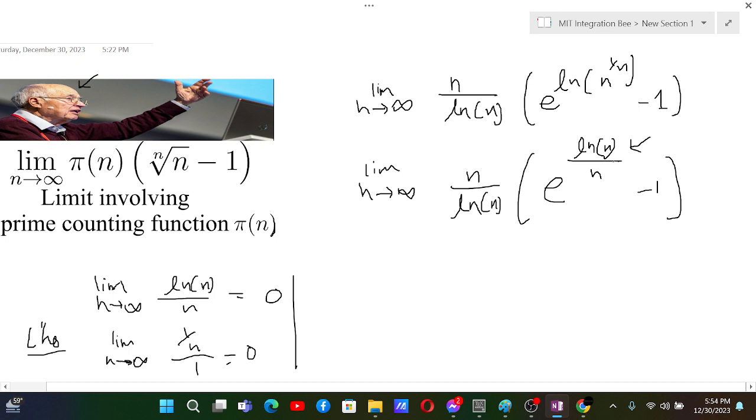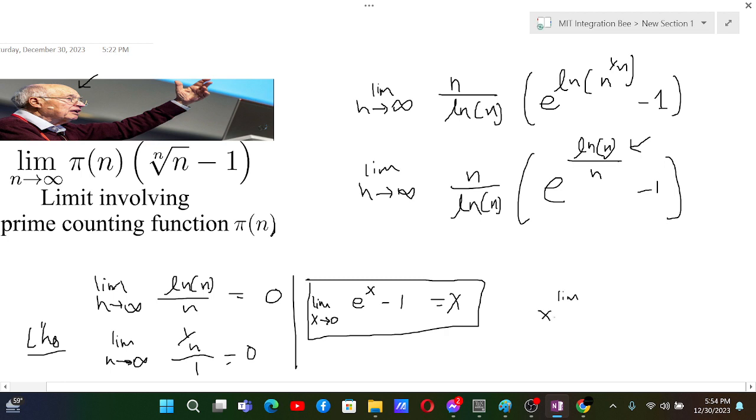Now, if we have e to the power of something approaching 0, let's say we have some value x over here, and this x is approaching 0, in that case e to the power x minus 1 will be equal to x itself. And if you want the reason for this, we have a limit property that as x tends to 0, e to the power x minus 1 by x equals 1.